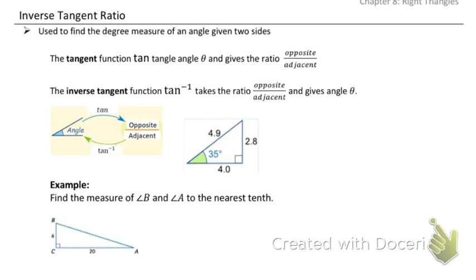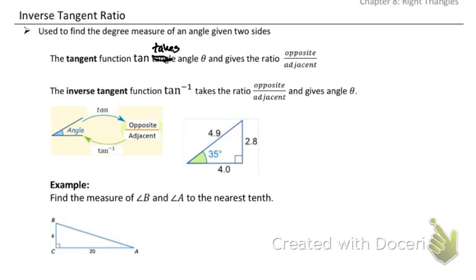What did I mean to put there? All right, the tangent function, or TAN, takes. That should be takes. I see what I was thinking in my head. All right, there we go.